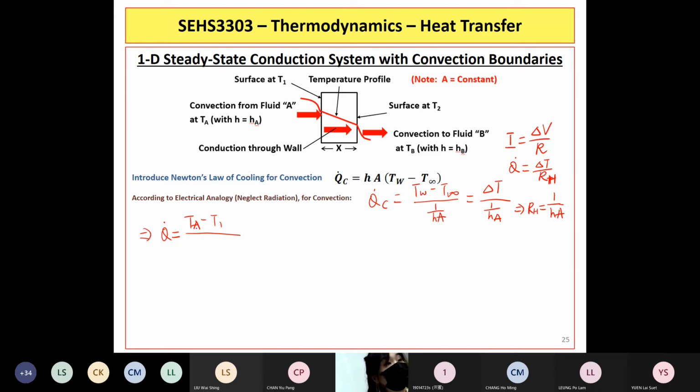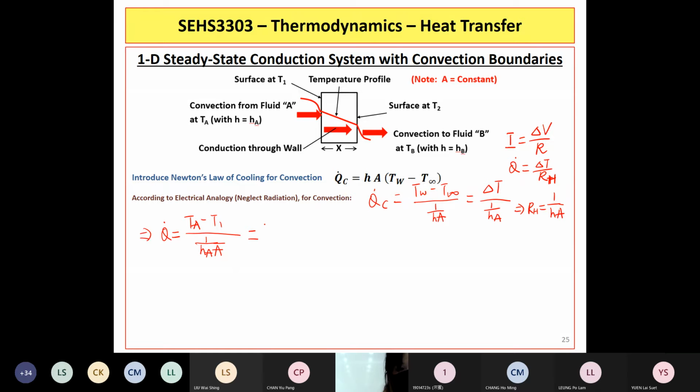So here we use T_A minus T_1, because the direction is from fluid A to the surface, h_A times area, okay?